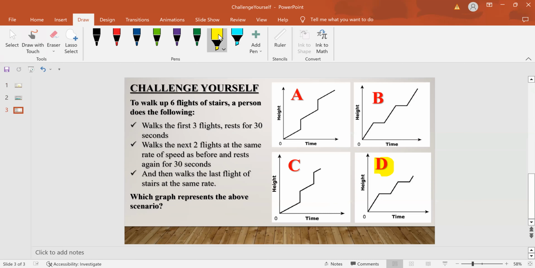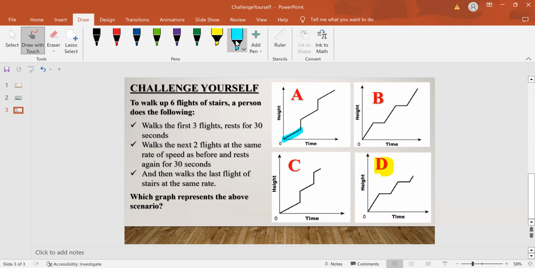Therefore, you'll see that if we take graph A, let's see what's going to happen. Graph A, yes, we have the origin, and from the origin, they walk up. So the blue part of the graph is telling you that the time is increasing, the height is increasing.